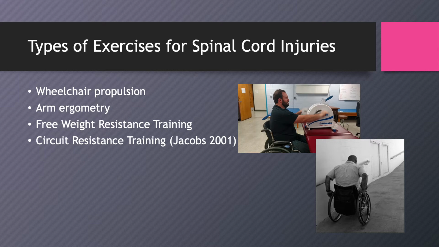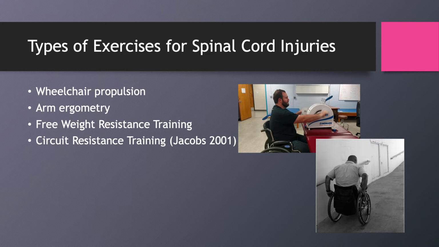In recent research, it has been shown that these kinds of exercises will lead to more musculoskeletal injury than, say, circuit resistance training. Free weight resistance training is also good, although it can also lead to injury due to a lot of these exercises needing to be with the shoulders or arms.